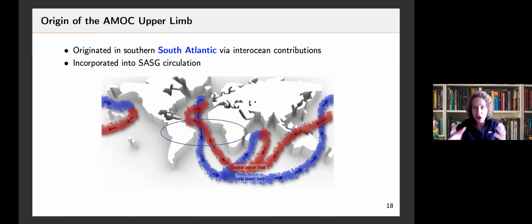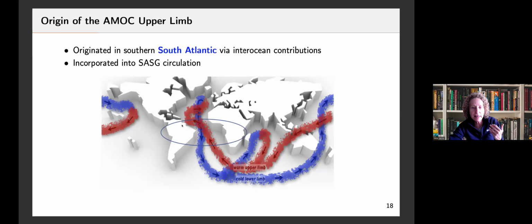And just to make my point stronger, this shows exactly the warm branch of this AMOC circulation, and the cold branch, what's transporting heat and what's transporting the colder waters.